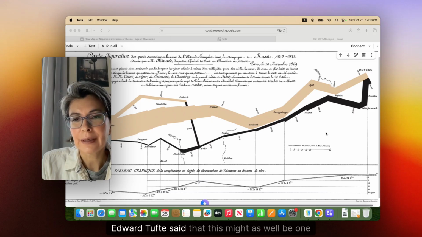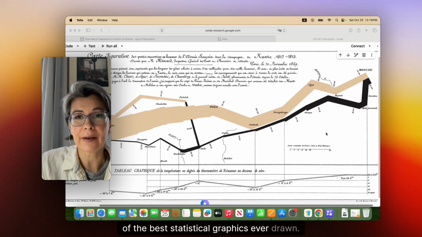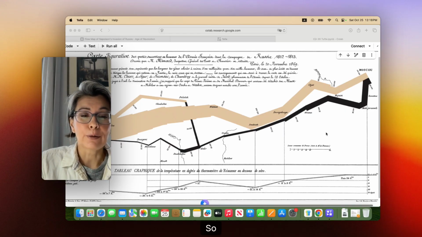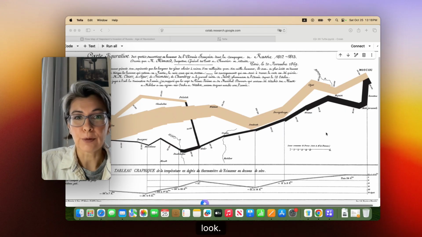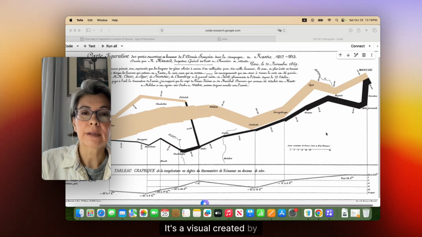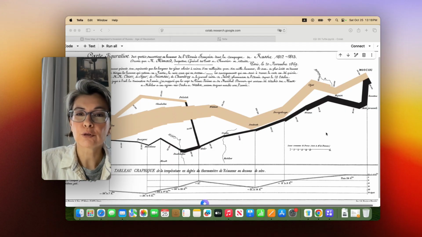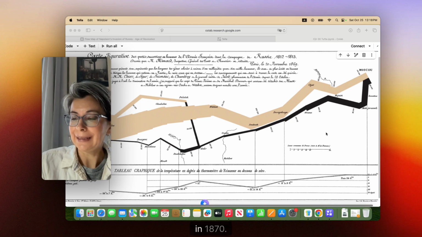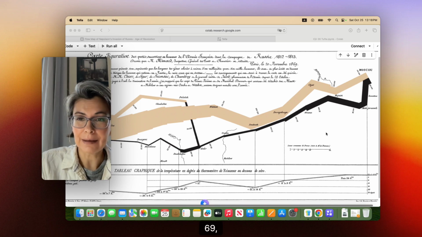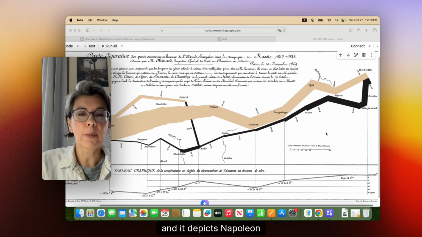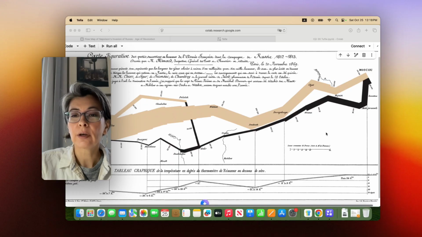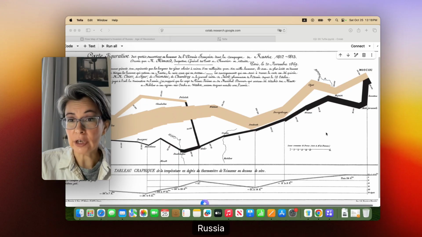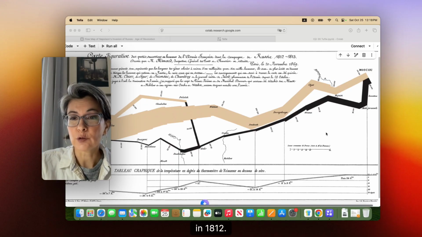Edward Tufte said that this might as well be one of the best statistical graphics ever drawn. So let's take a close look. It's a visual created by Charles Joseph Minard in 1869, and it depicts Napoleon's invasion of Russia in 1812.